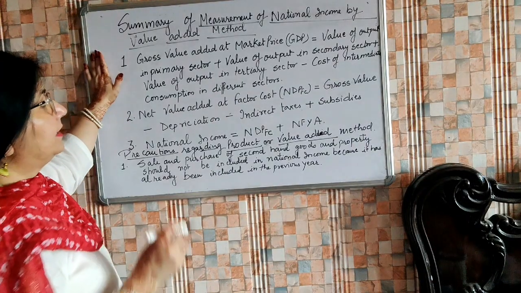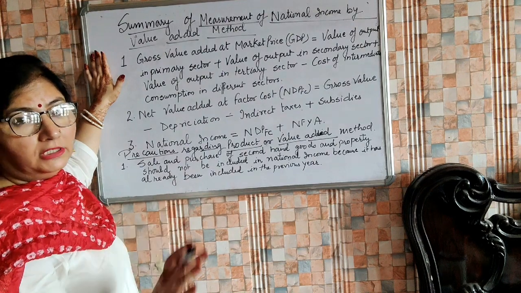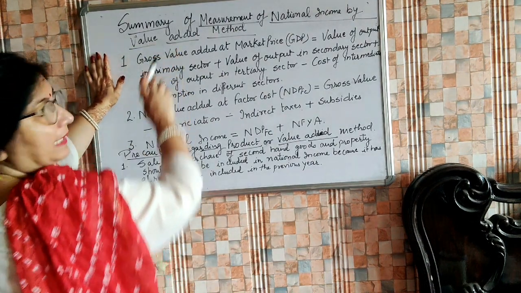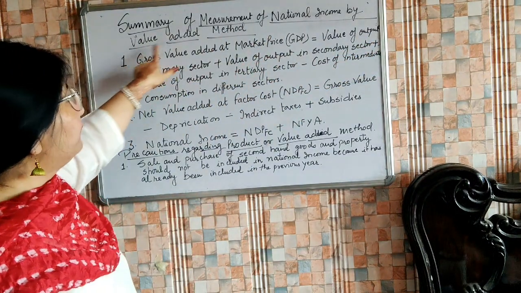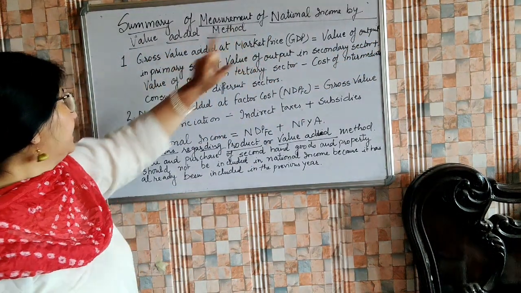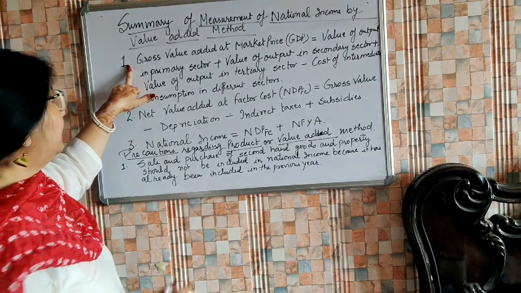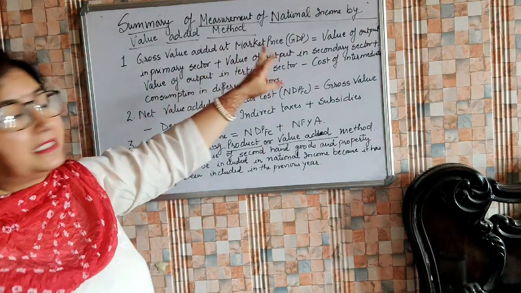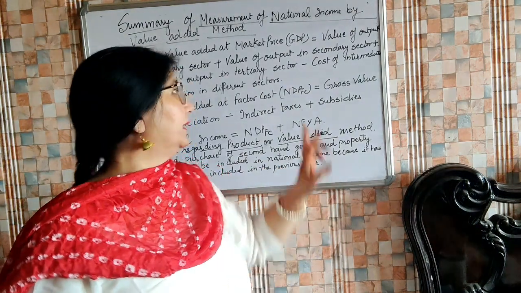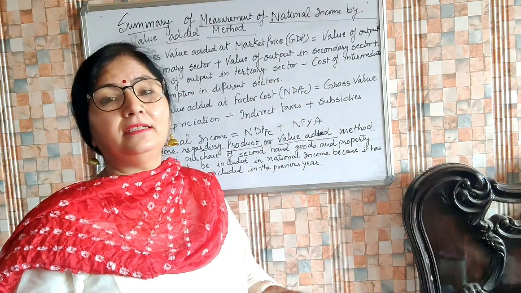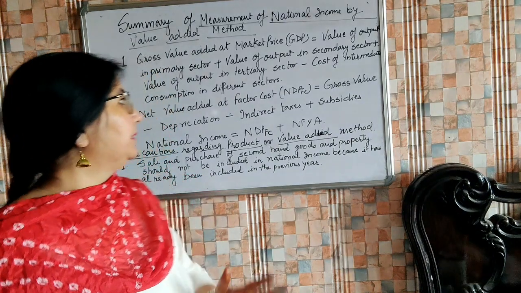Now, after calculating all the steps, we are making a summary of measurement of national income by value added method. First formula: gross value added at market price, GDP at MP. Whether it is written or not written, GDP at MP is considered as GDP at MP.